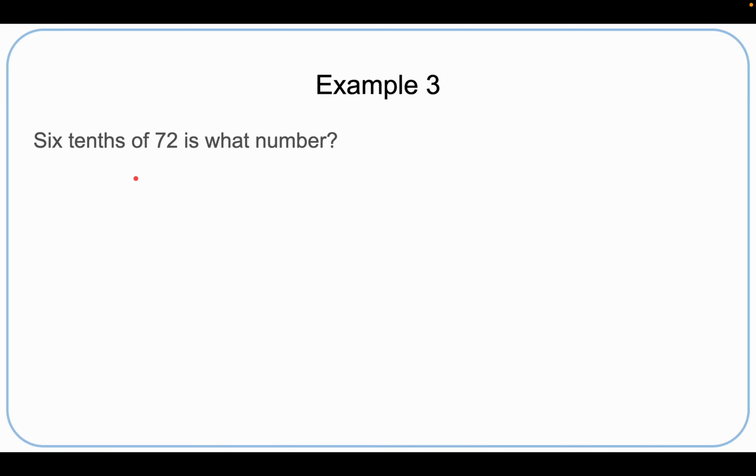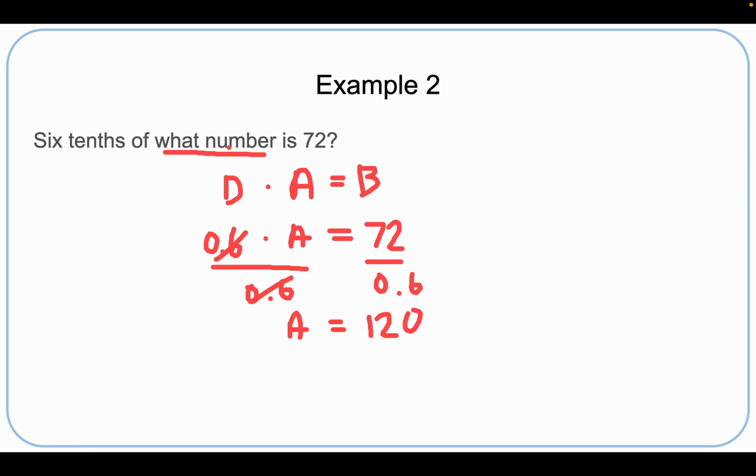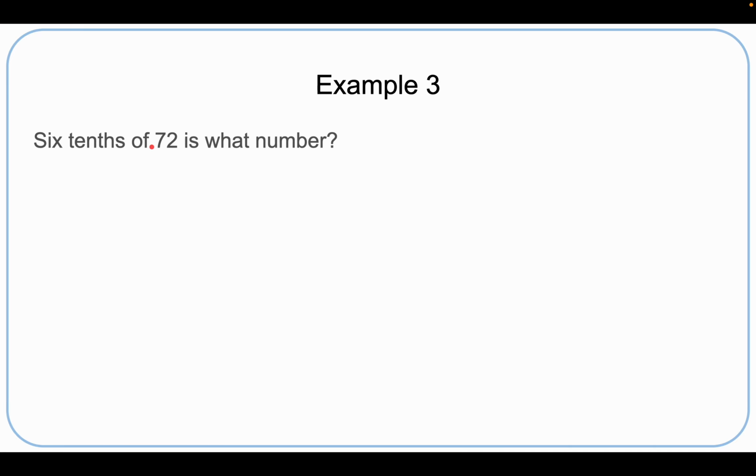All right, next example. 6/10 of 72 is what number? Okay, this is pretty similar to the last one, but you notice the unknown, the what number here, is sort of reversed. So let's again start with our general equation, d times a equals b. Our decimal part is 6/10, so we'll put 0.6 again.